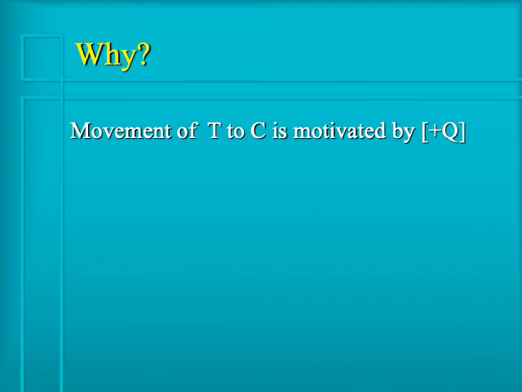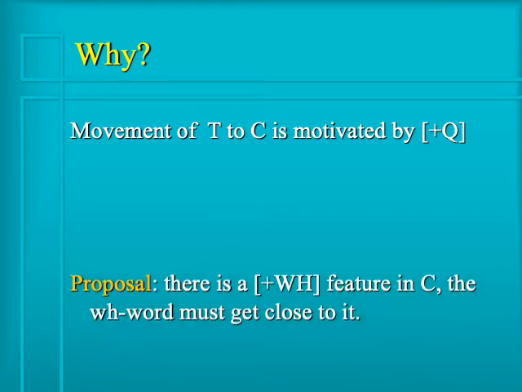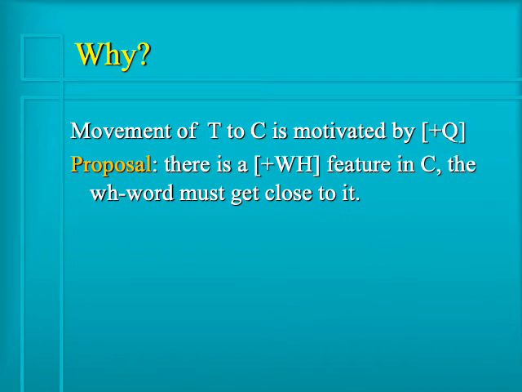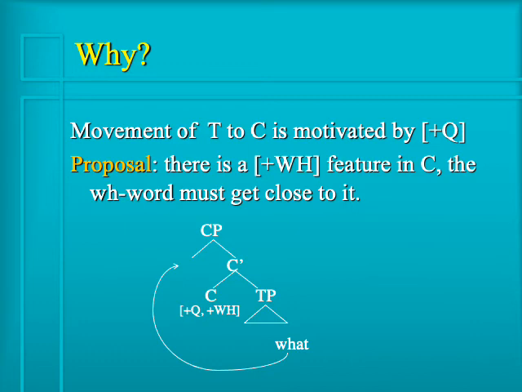So this is what we've been discussing. Movement of T to C is motivated by the plus Q feature. And we propose that there is another feature called plus WH feature, and it's in the C position, and the WH word must get close to it. So that's why what moves to the specifier position of CP.